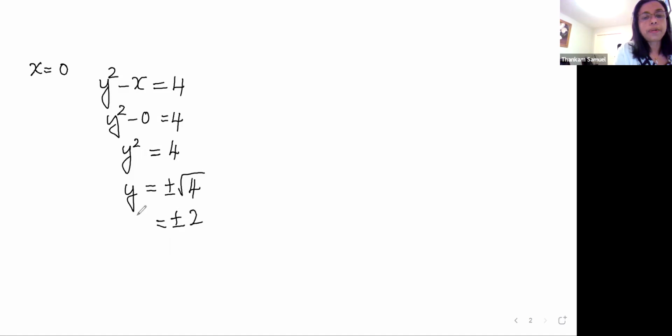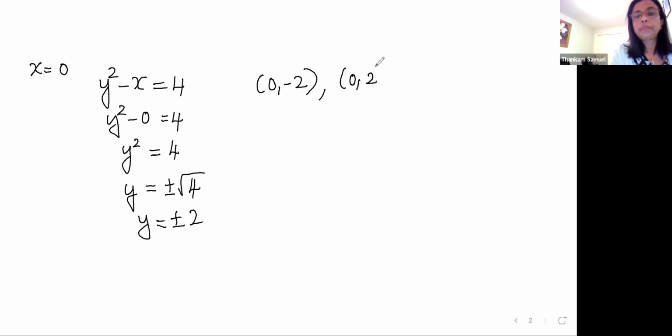So when x equals 0, we got two values for y: y equals plus or minus 2. We can write the ordered pairs as (0, -2) and (0, 2).